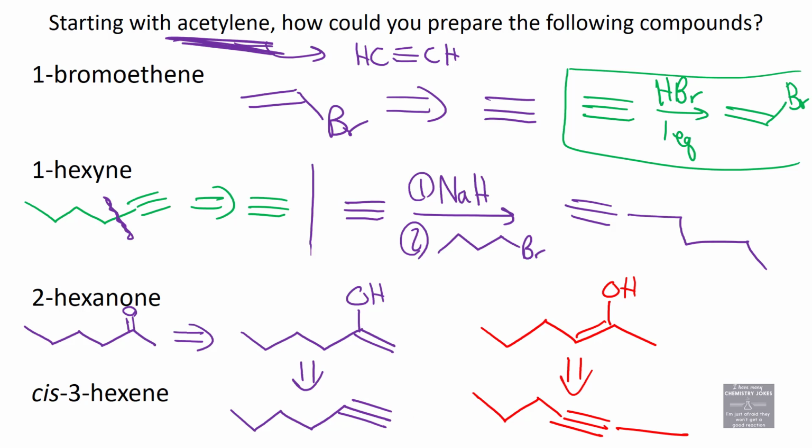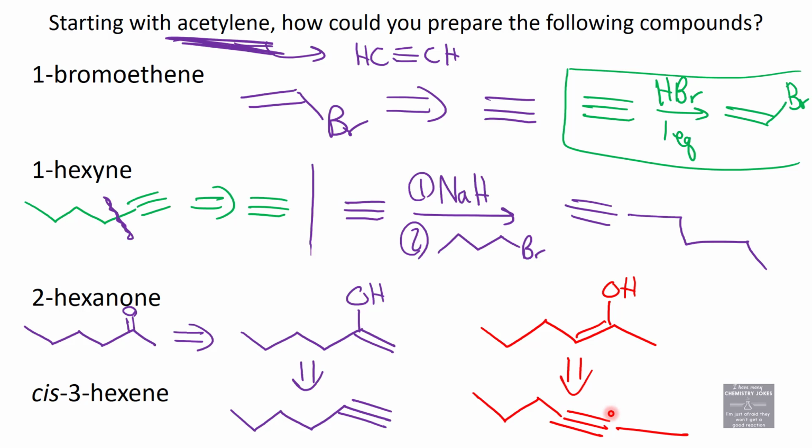Is there a difference? Is there a better choice? Is there a choice that gets us all the points and a choice that doesn't get us all the points? Well, the purple is better in my opinion. We will get better at synthesis as we do more examples. But the purple is better in my opinion, number one, because look, it's 1-hexyne, and I've actually already shown you how to make 1-hexyne. Yeah, could you do it with the red?